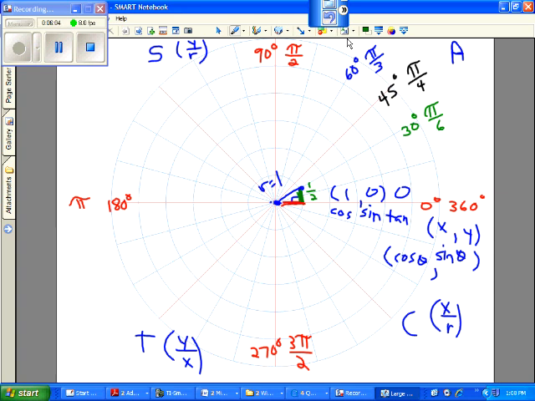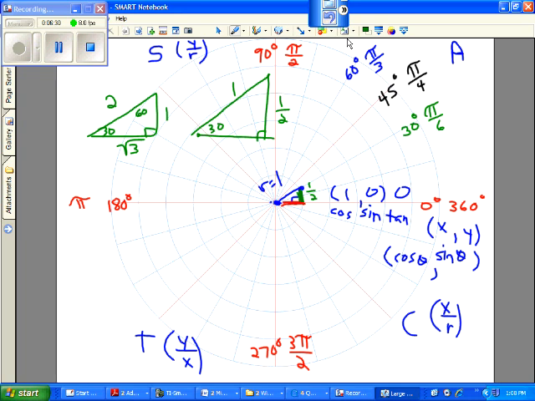I'll draw one here. We had a 30, 60, 90. And we said in a normal 30, 60, 90, we let the short leg be 1 and the hypotenuse be 2 and the long leg be square root 3. But if we have a unit circle where we're letting the radius be 1, then the short leg would be half.